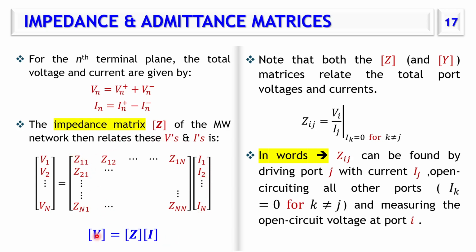And we have this matrix Z11, Z12, and so on. And this is a network analysis tool. If we relate current to voltage, it will be the admittance matrix that we're going to see in the next slides.